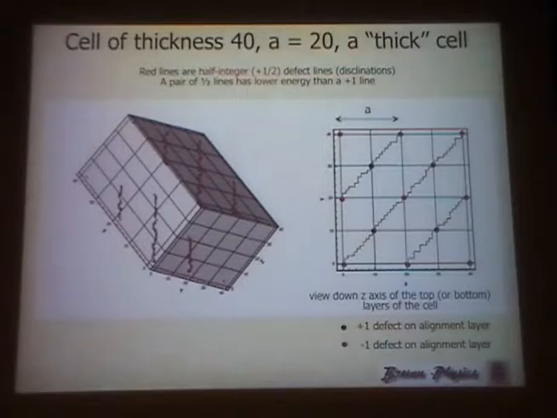And the reason for that is, at least in this Lebwohl-Lasher model, and I think even realistic liquid crystals, it's just lower energy to have a pair of half-integer lines rather than a single integer one. So they will just come out and then hop over to the nearest point.